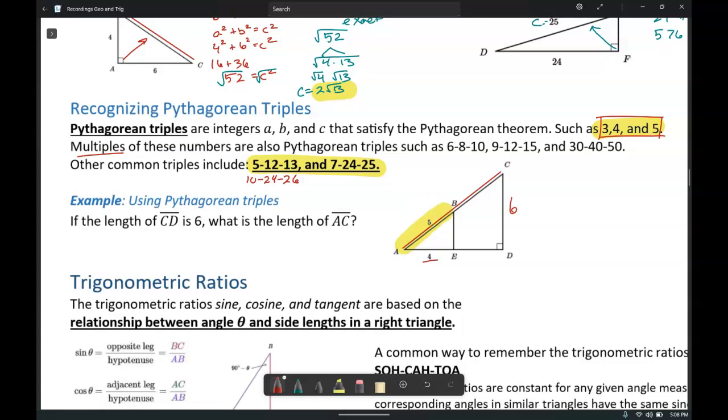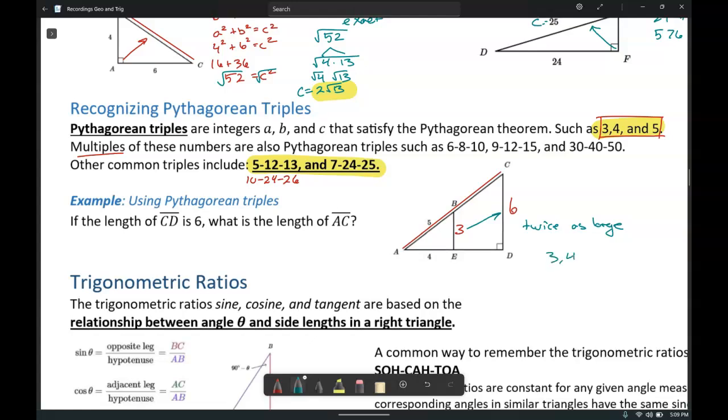And so just by noticing that and recognizing that triple, I know that this has to be a side length of 3. And since these are similar triangles, the side lengths have to be proportional, which means that our triangle with side length CD is twice as large as our smaller triangle. So that means all the sides are scaled up by 2.